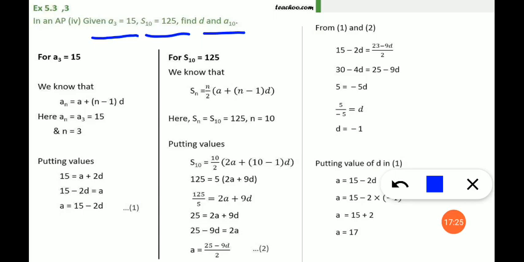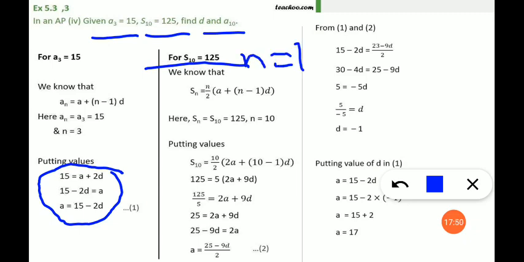So we are given a3 is equal to 15. Hence we can say a plus 2d is equal to 15, or a is equal to 15 minus 2d. Okay students. Now the second thing which is given to us is S10 is equal to 125, which means n is equal to 10.